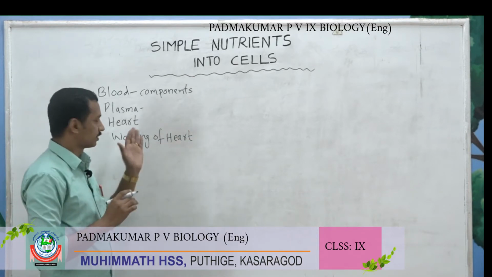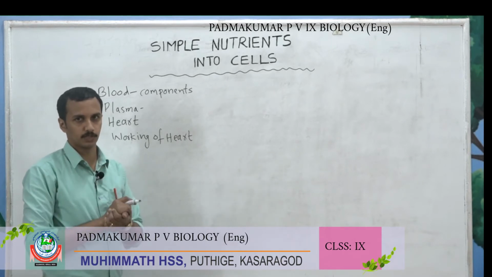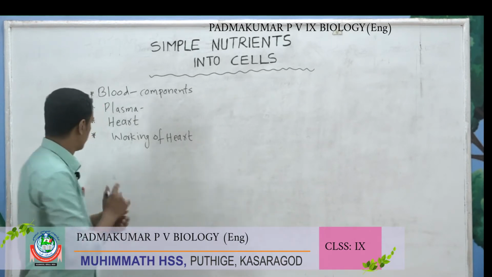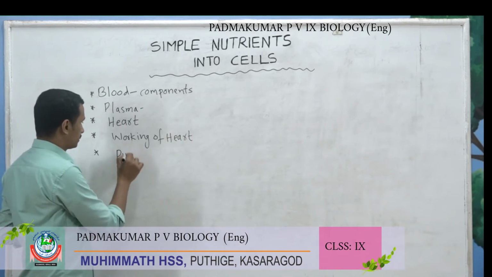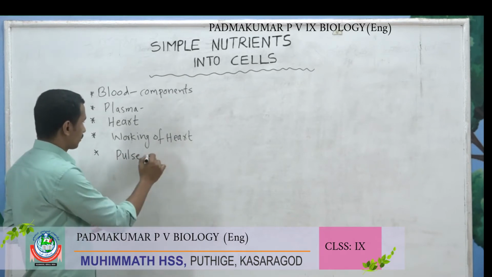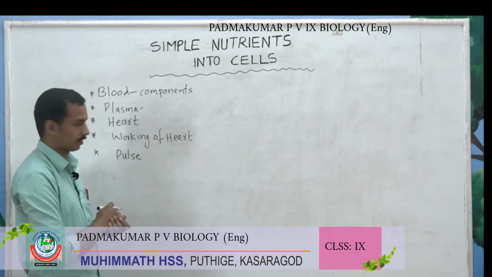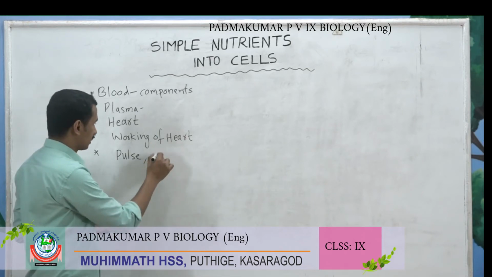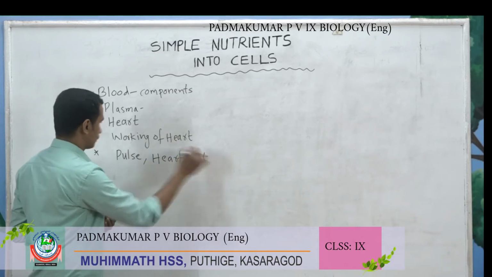Then in the heart you have to study about the structure of the heart, what are the chambers of the heart, etc. Then in addition to this you have to study about pulse. What is pulse? Then different disorders associated with the heart. Then what is heartbeat? You have to study heartbeat.